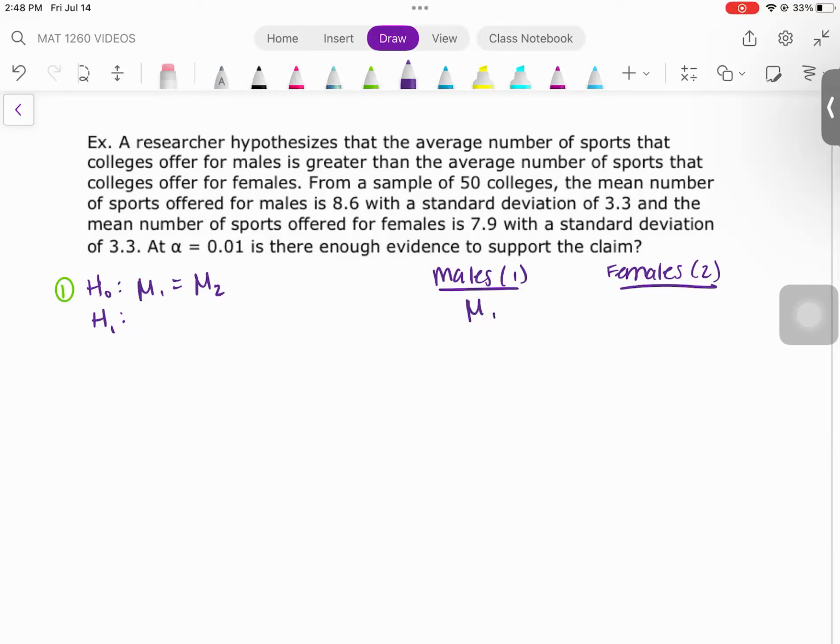So the population mean for males will be mu1. The population mean for females will be mu2. The claim is that the number of sports offered for males is greater than the number of sports offered for females. So mu1 is greater than mu2.